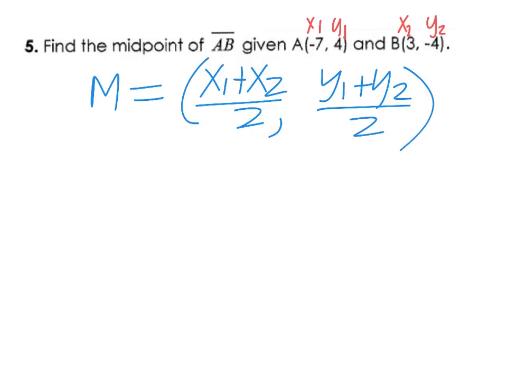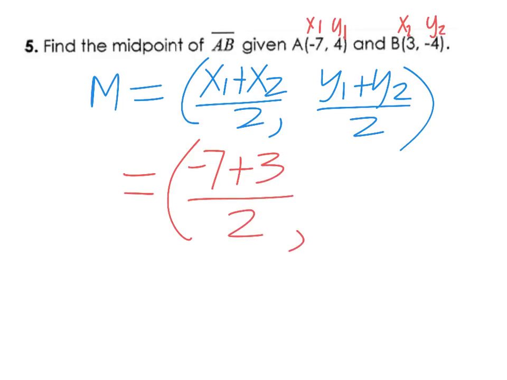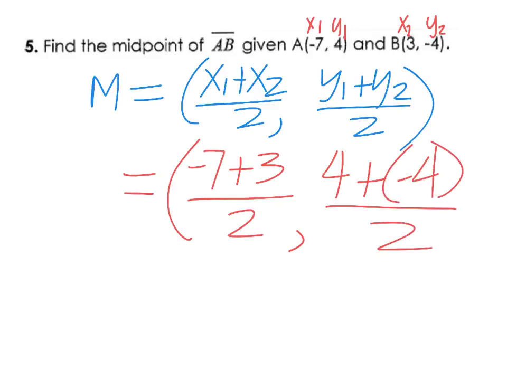Then we're going to plug our values in. So our midpoint is going to be x1, which is negative 7, plus x2, which is 3, divided by 2. y1 is 4, plus negative 4, divided by 2. Then we're going to simplify.